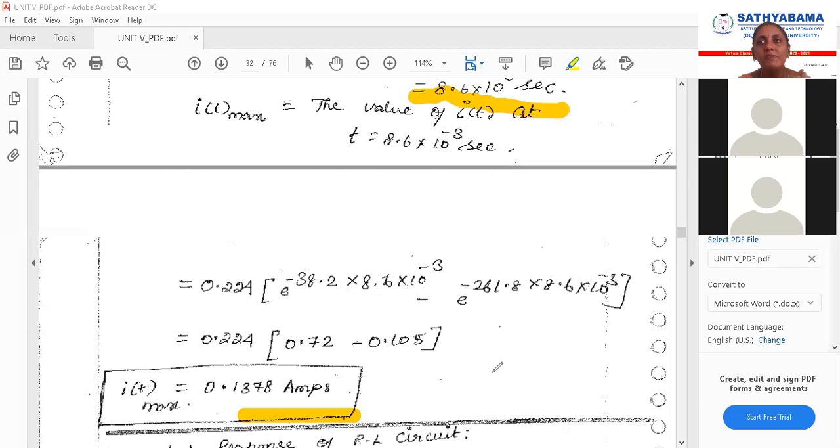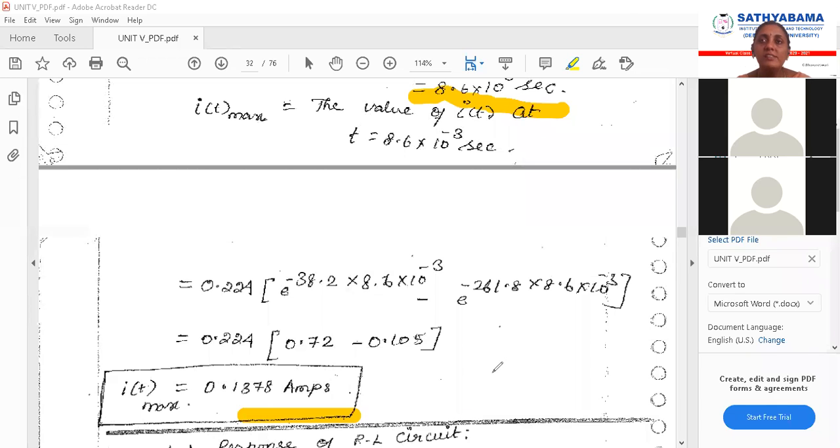Now the same thing we will be doing for AC transients also. In AC transients also, you will have RL, RC, and RLC. But in AC transients, the derivation is much more important rather than the problem. In DC transients, both the derivation and the problem are important.